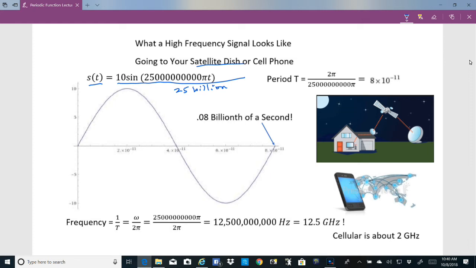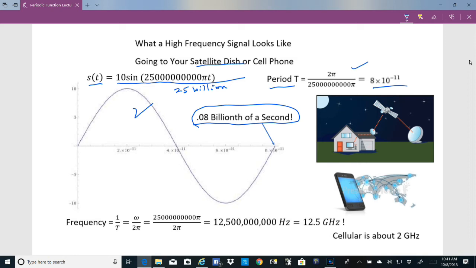Now, this is a very high frequency signal, and this is what it takes to get your TV programs carried on this waveform. And the period is 2 pi over 25 billion pi. It's 8 times 10 to the minus 11th, which, if you graph one period, you get one period in 8 billionths of a second.